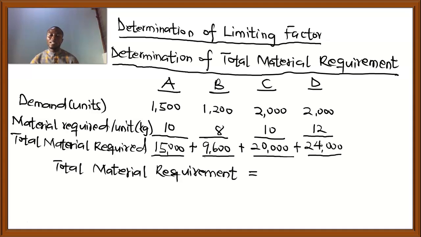So we add 15,000 to 9,600, 20,000 and 24,000, and you get 68,600 kilograms. So Cocoa Limited requires 68,600 kilograms in order to meet demand for all the tables.